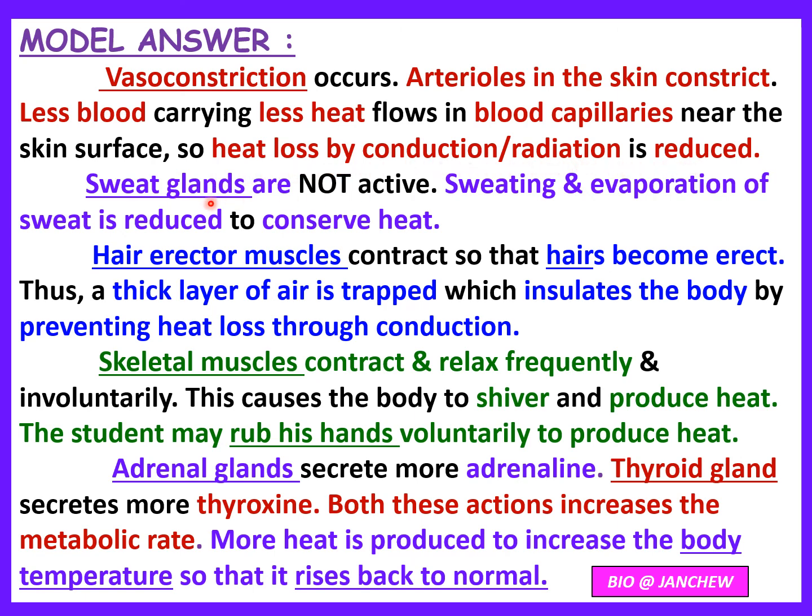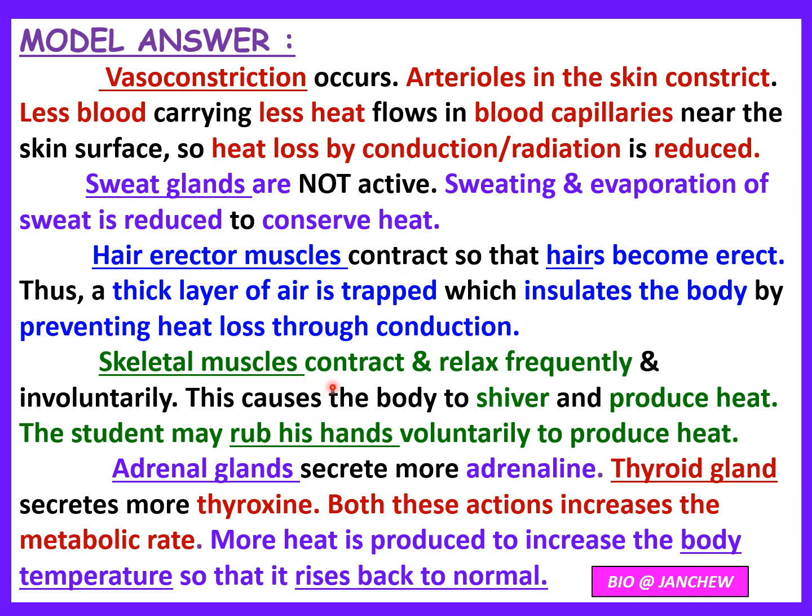Secondly, sweat glands. Even though they are not active, we have to mention it here: sweating and evaporation of sweat is reduced to conserve heat. Thirdly, hair erector muscles will contract so that the hairs become erect to trap a thick layer of air, which insulates the body by preventing heat loss through conduction and radiation.